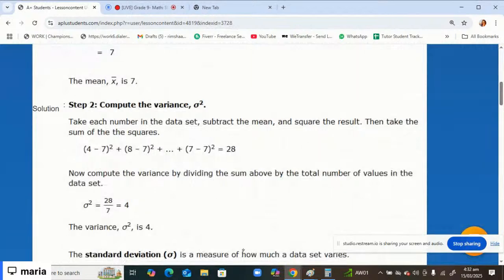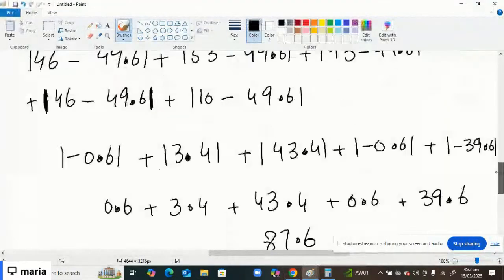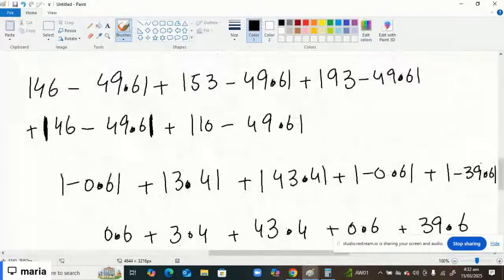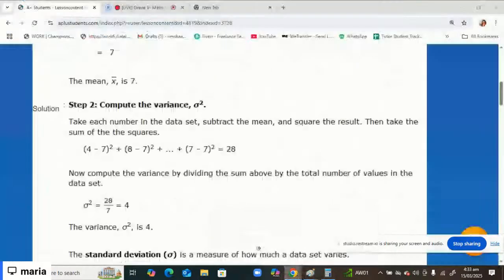This is a little bit different. Like here, we are taking only the absolute value, but in the variance we are going to find the square of these. Okay, the square of the value and then add, and the same thing in the end, we divide over how many values there are in the data set.